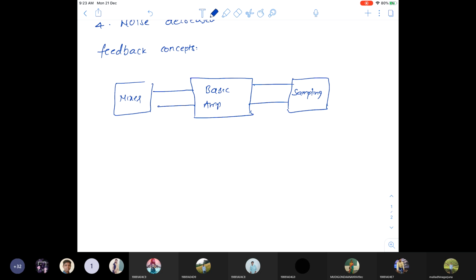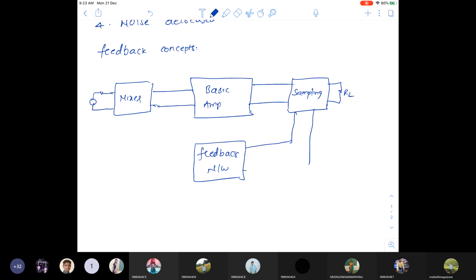This is the input signal; it could be voltage or current, depending on the type of mixer. This is the load RL and the feedback network. This is the basic feedback concept network.